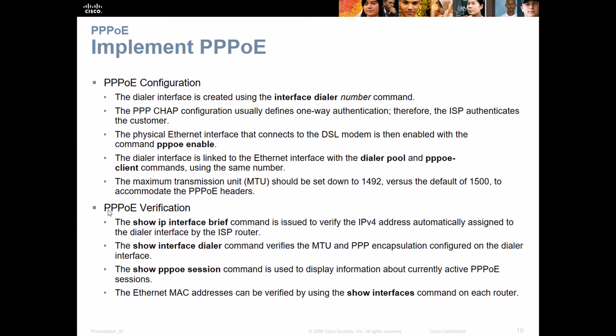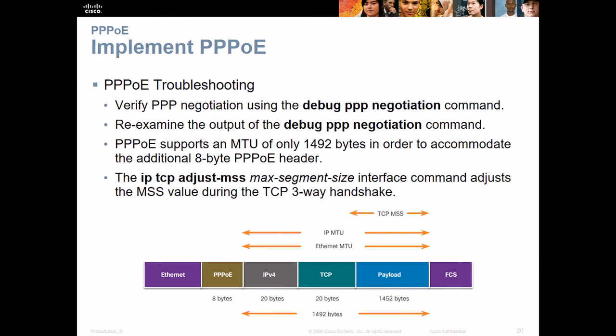And these are the commands to verify PPP over Ethernet, pretty much the same as the commands we've been using the whole time. Here is the typical Ethernet frame, and it's been reduced to 1492. So the payload now goes down to 1452.